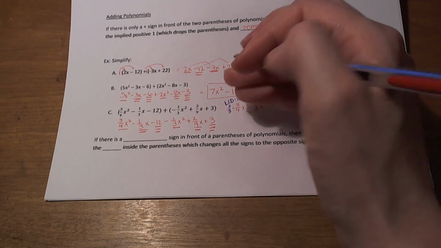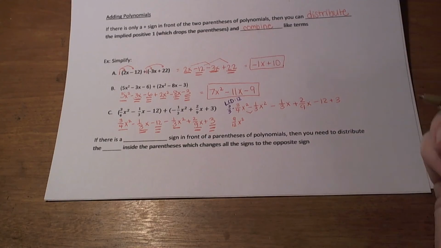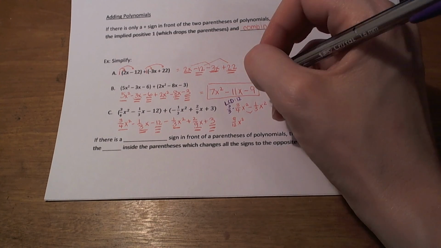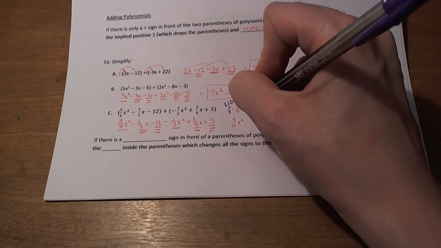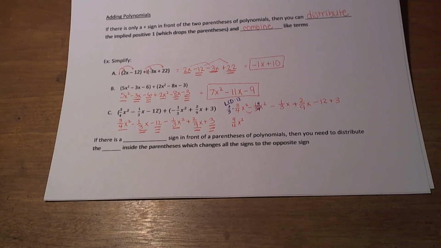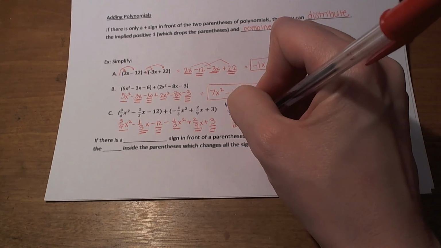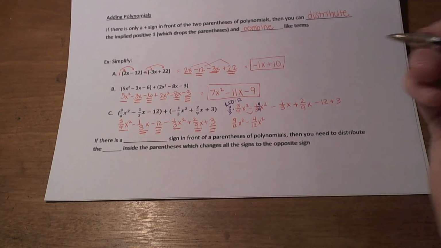And so that will give me 9/12 x squared. And the second fraction, to get 12 in the bottom, I have to multiply top and bottom by 4 over 4, since the bottom has 3 at the moment, and 3 times 4 will make 12. So that gives me minus 4 over 12 x squared.